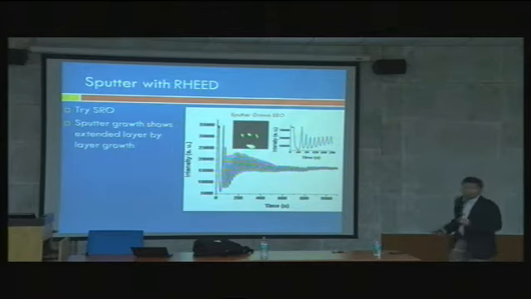We go to two-dimensional island growth, because there are two different techniques in different regimes of the parameter space. One goes step flow, one goes two-dimensional island growth. But you can study growth mode and layer by layer control, you can do uniform deposition over a large area, and most importantly, you can grow stoichiometric thin films.